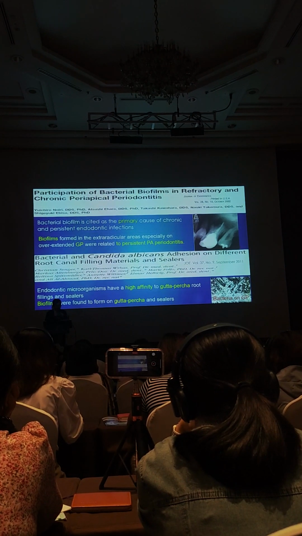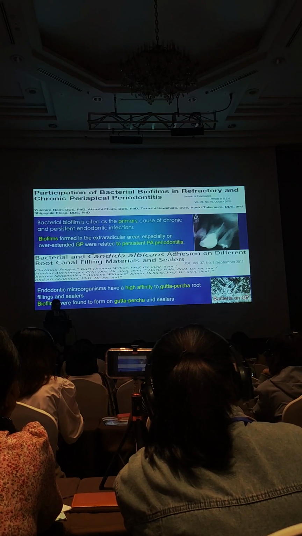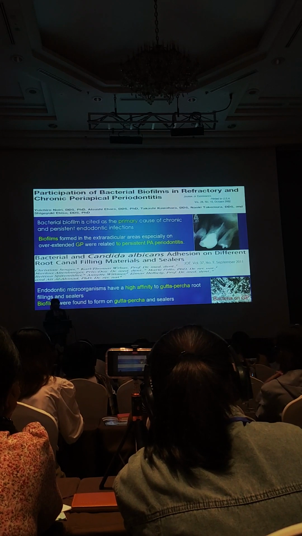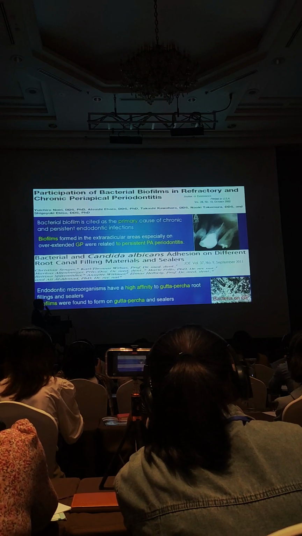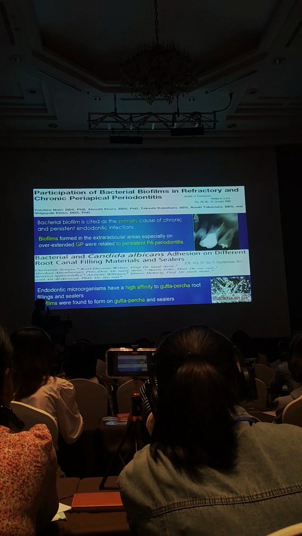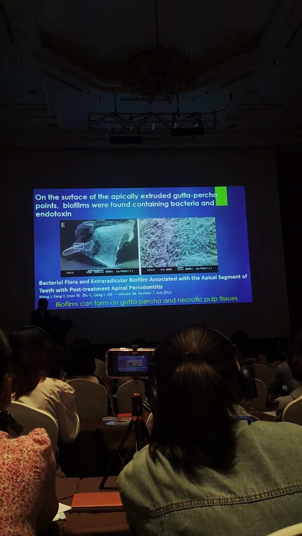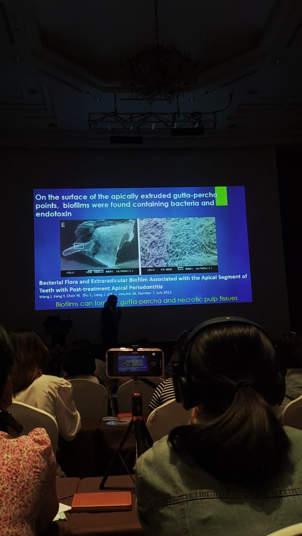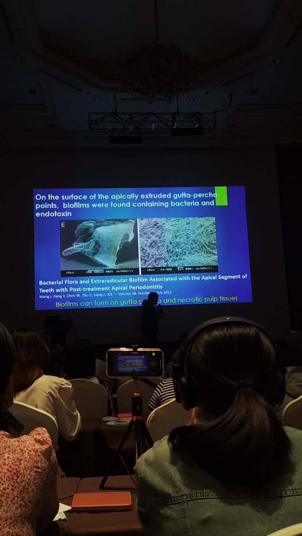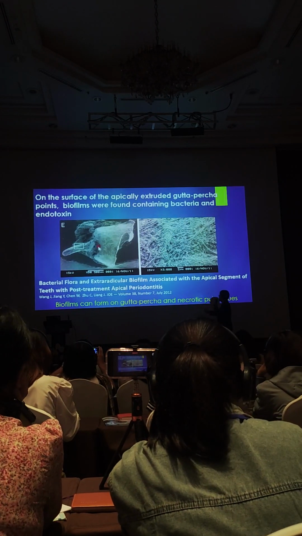And in addition to the biofilm forming on necrotic pulp tissues, biofilms will grow on gutta-percha and the sealers. So they discovered biofilms on gutta-percha and the sealers. So if you extrude it into the periapical tissues, you will see biofilms forming on gutta-percha extruded into the periapical tissues, like this, like this.